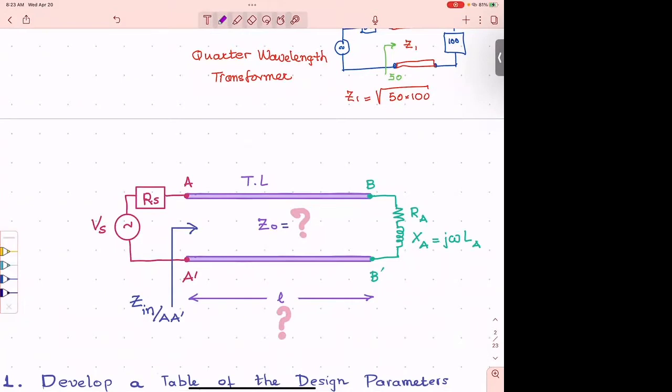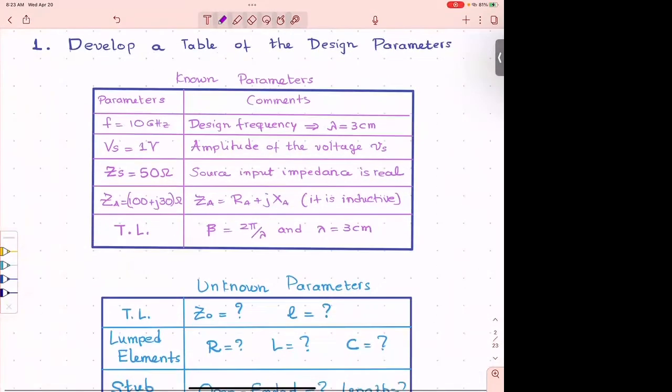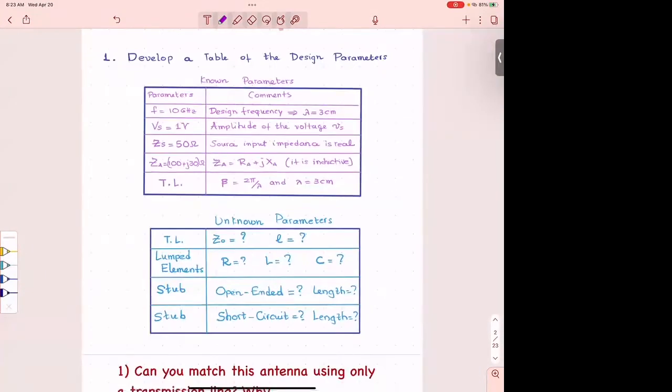You need to put them explicitly. And then, at least in the homework, I would like you to make 2 tables: what you know and what you do not know. Because you're going to get totally confused and try to find something that you already know, or you're going to think you know something which you don't.